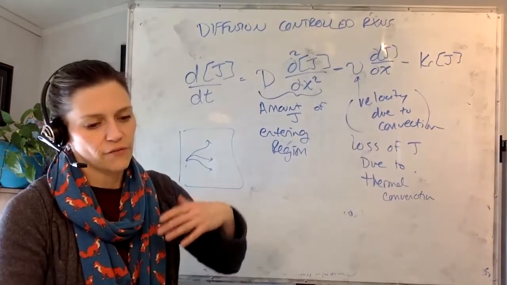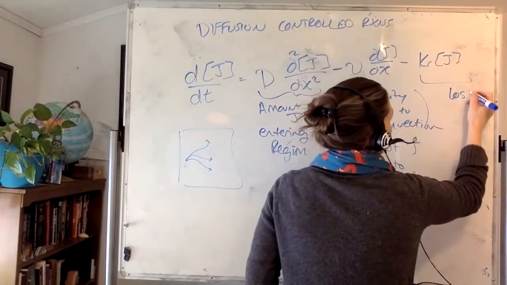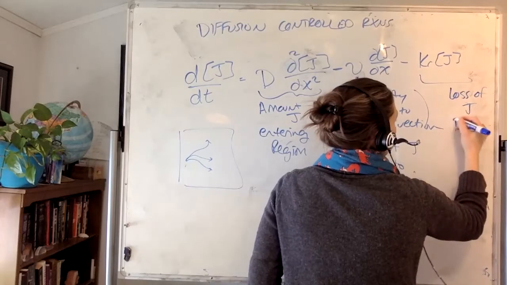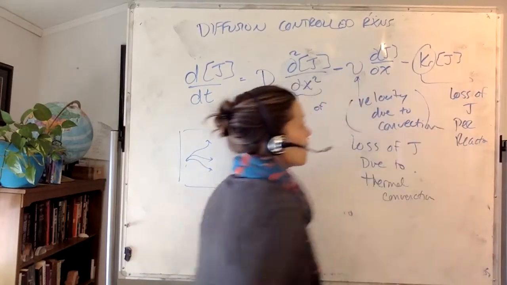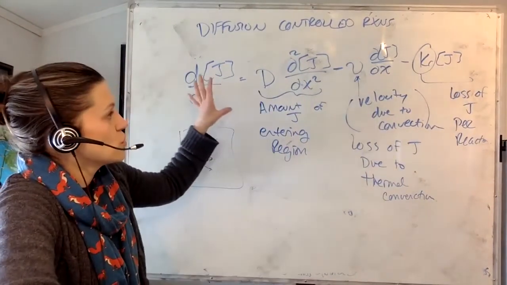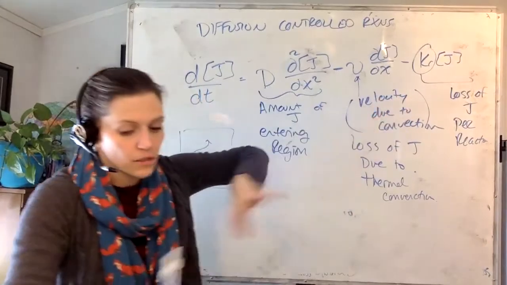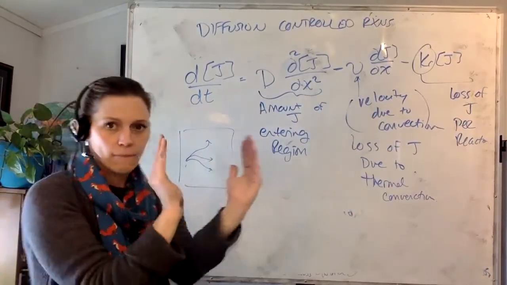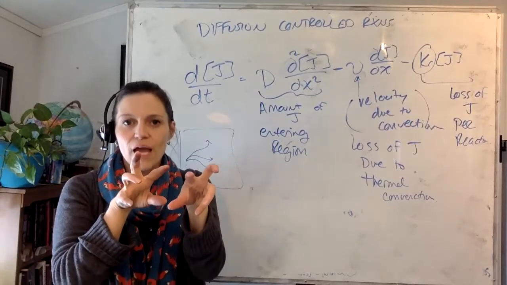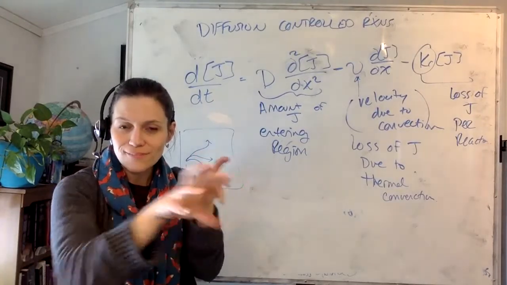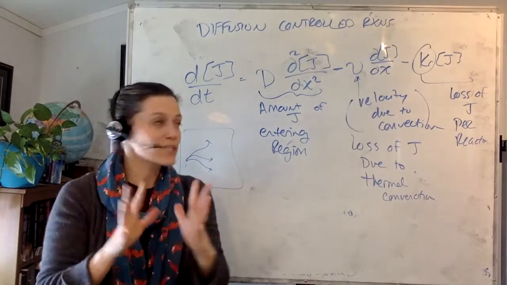And here you have the loss of J per a reaction occurring. Notice how you have this kr here. As you go through each of these different quantities, if you have a certain box with a certain number of molecules in it, J's, some of them are going to diffuse out such that they're not present in that little area to then quantify how many can react.